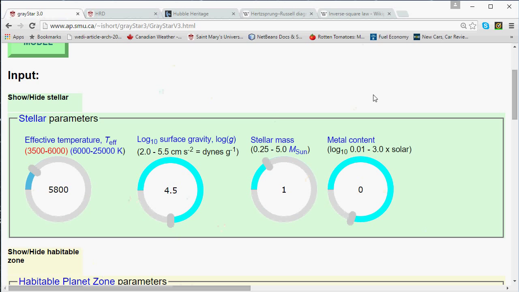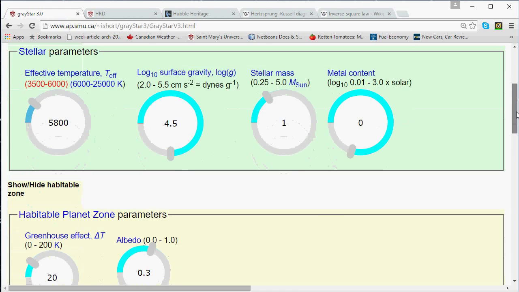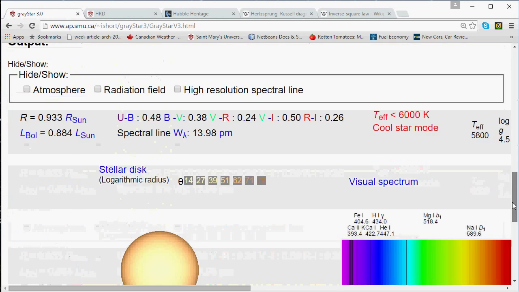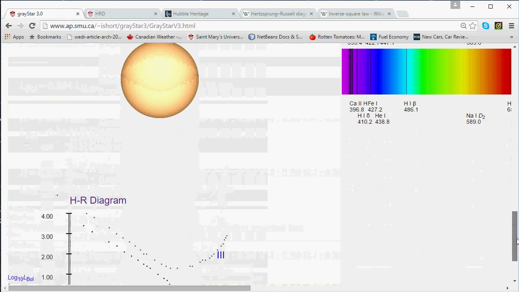Now I'm going to be telling you all about the HR diagram in this episode and what those letters HR stand for. But before we move on and do that, let me just point out to you that in the output area of grayStar 3, there actually is a very simple HR diagram.